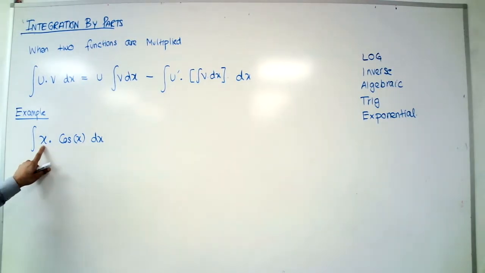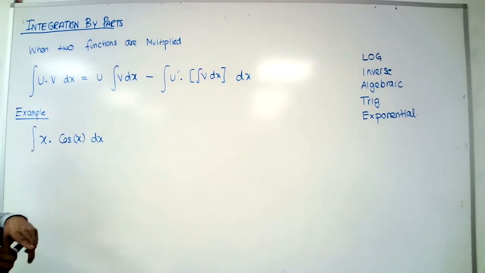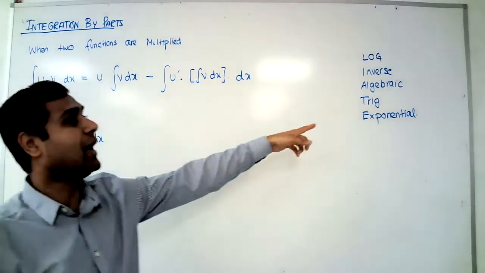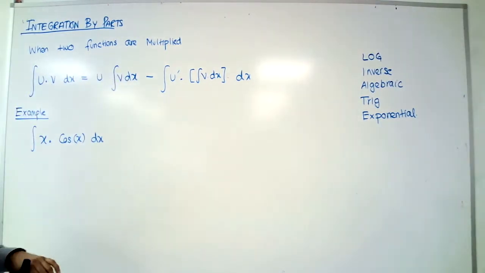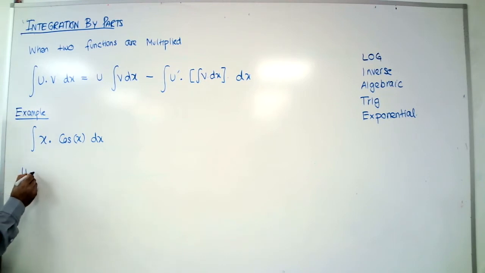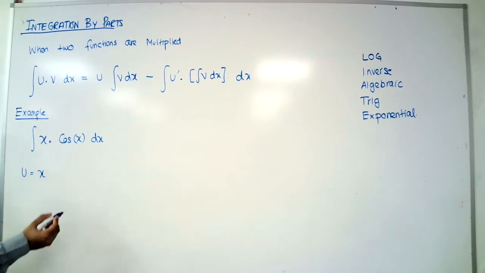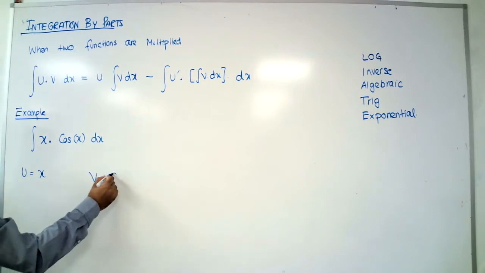What is this? This is algebraic, and this is trig. Which one is higher in the list? Algebraic is higher in the list. So I'm going to say my u is x, and obviously then v is cos x.